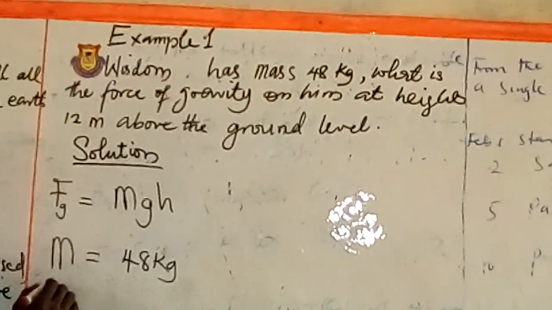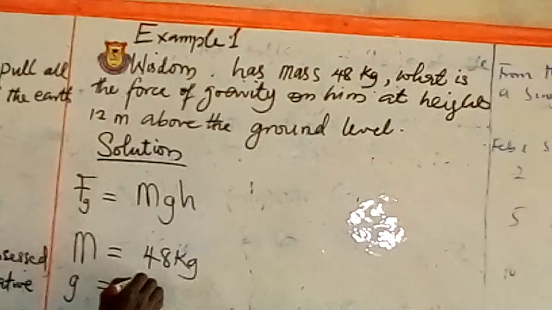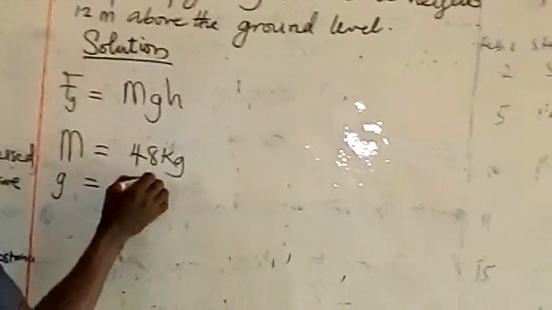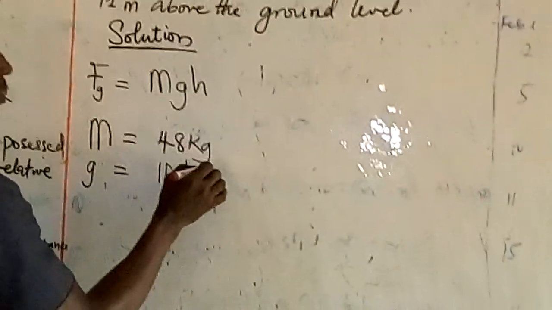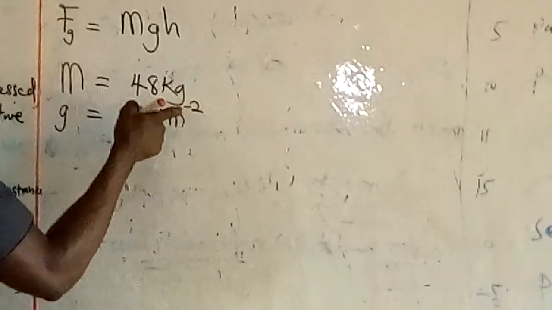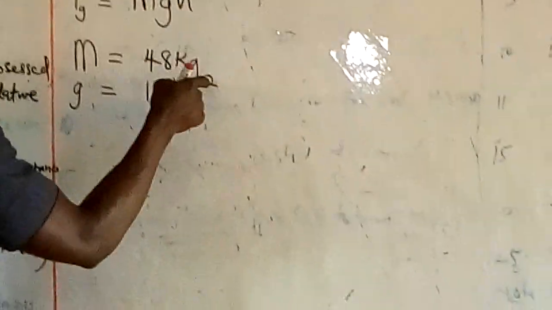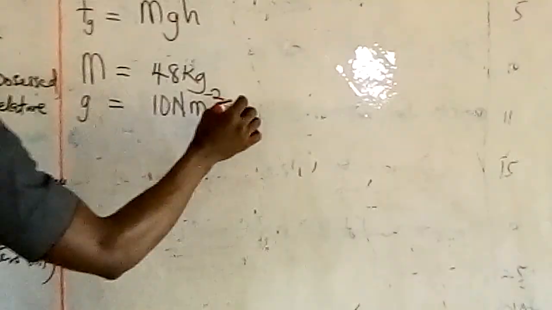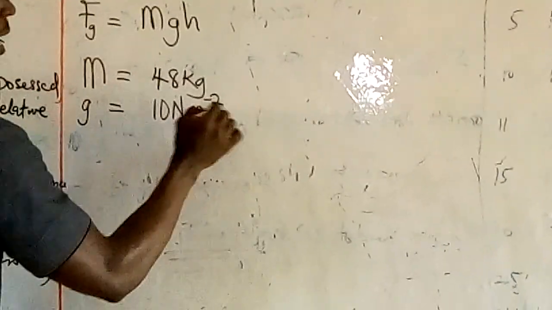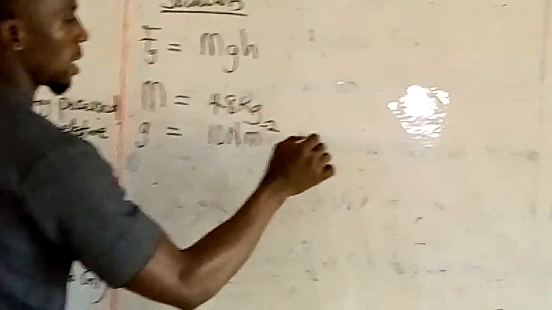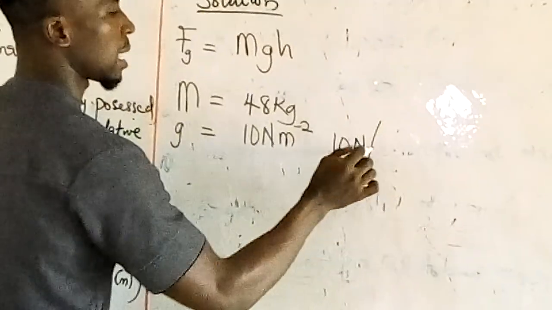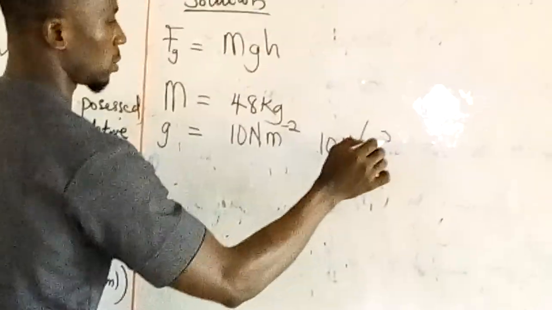Now we also have our gravity g to be what? 10 newtons per meter squared. This is how we write it, Nm raised to the power minus 1. Or we can rewrite it as 10 N per m raised to the power 2.